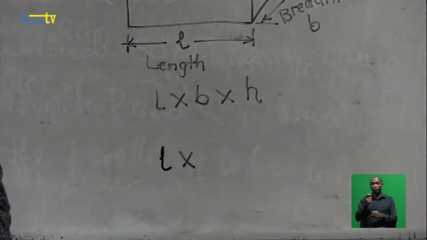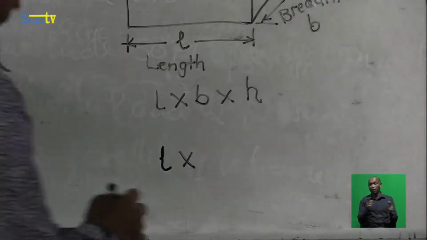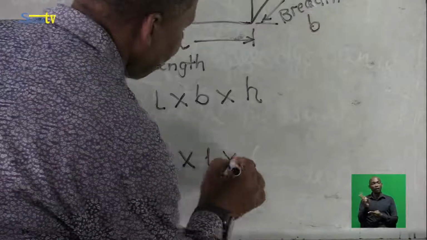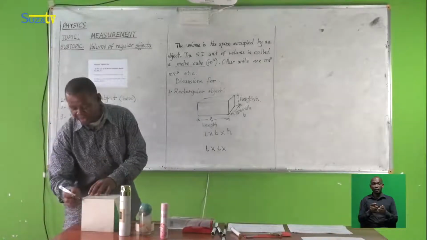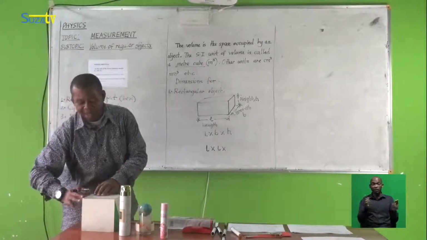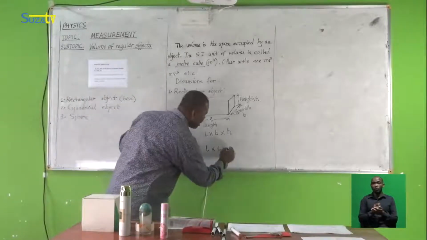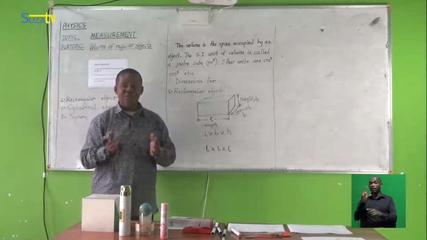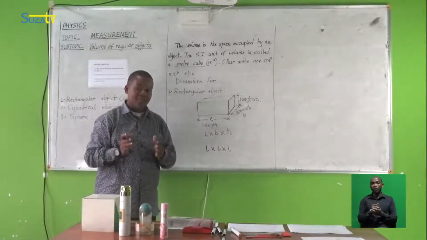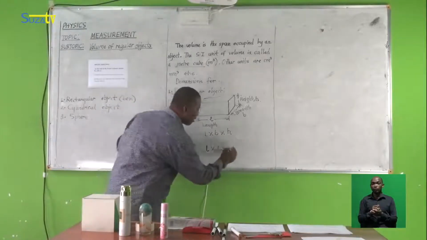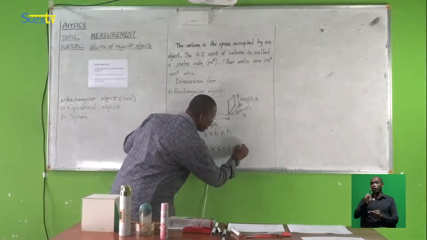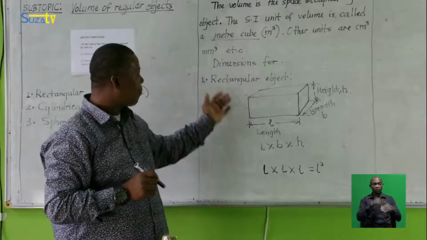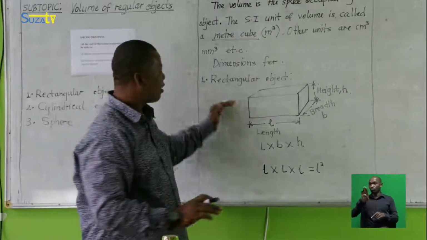The breadth is the same as the length, so we can write L. After that, we have the height. The height is just the distance from here to here. This is the same as the length and the breadth. So length times length is equal to what? Okay, thank you. This is equal to L cube. So that is a special feature for the cube, in the case of the rectangle.